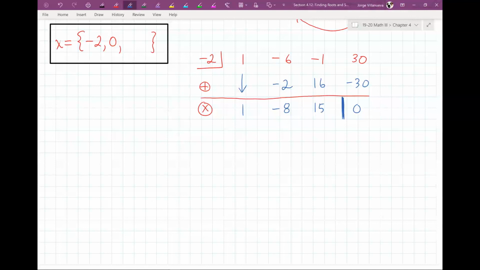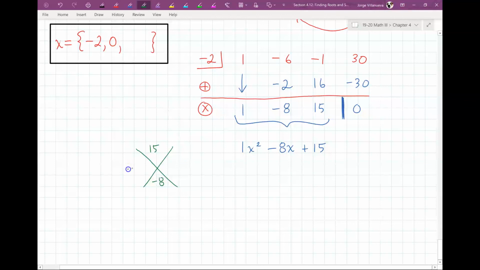So let's write out our solution. 1x squared minus 8x plus 15. That's coming from right here. And let's factor it out. I'm going to do the x method right here on the left side. 1 times 15 is 15. The -8 goes here.